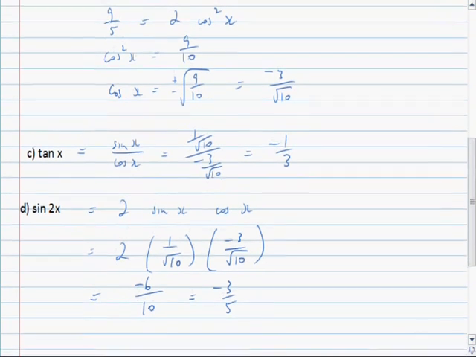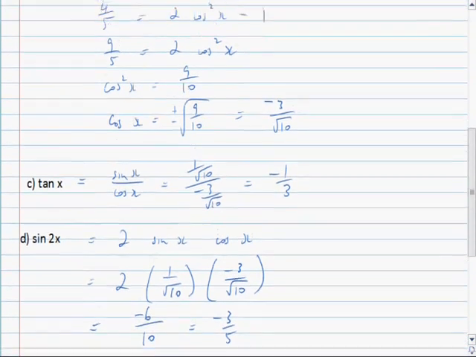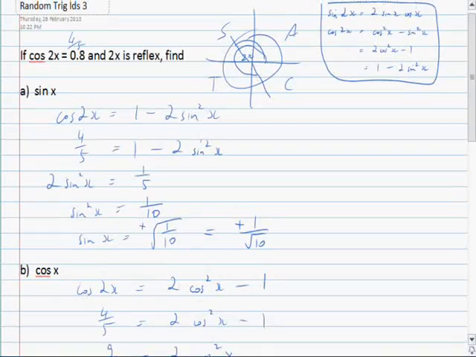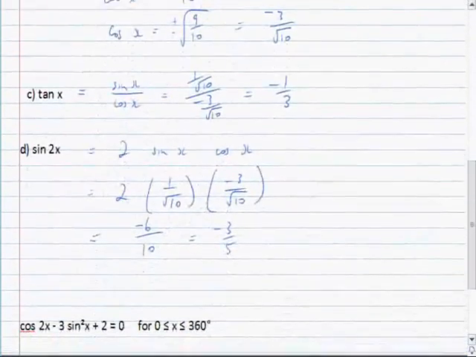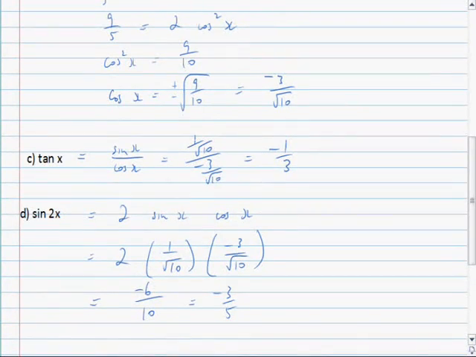Hey, and that's a nice check there, because cos 2x is 4/5 and sine 2x is negative 3/5.